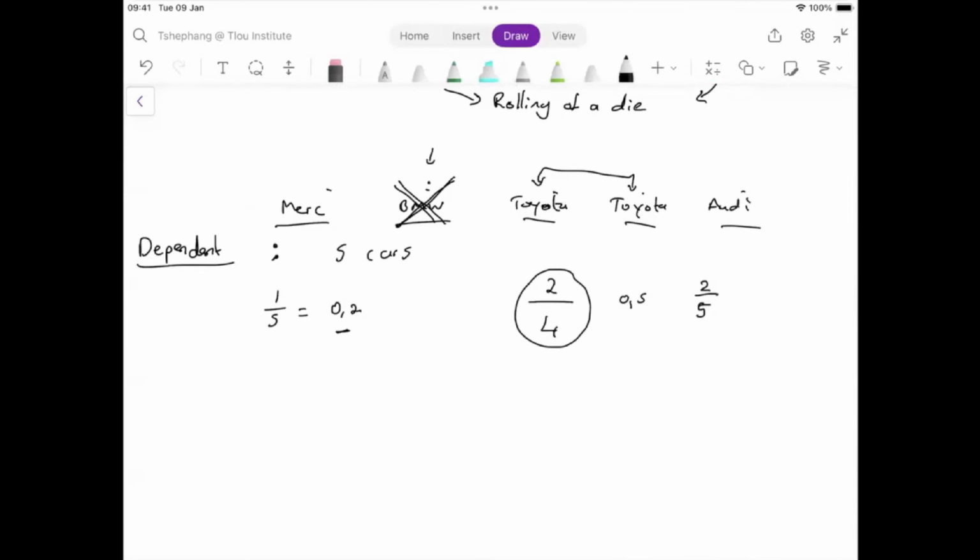Now, there's a product rule for independent events. So P(A and B) would be equal to what? It would be equal to the probability of A times the probability of B. This is independent.